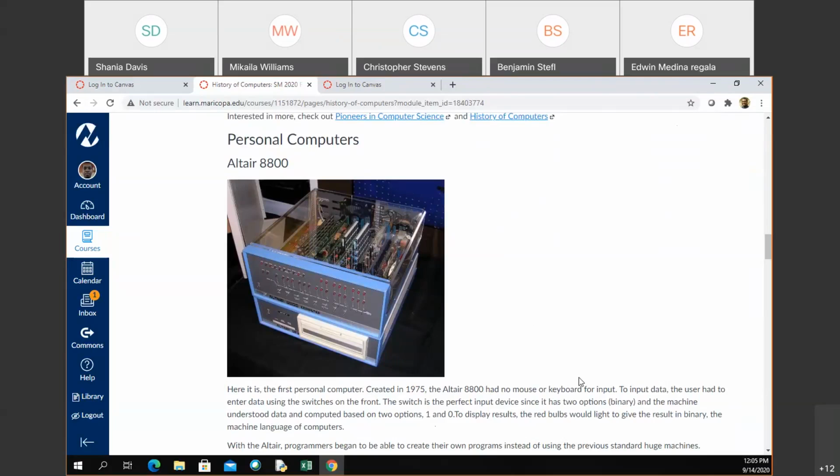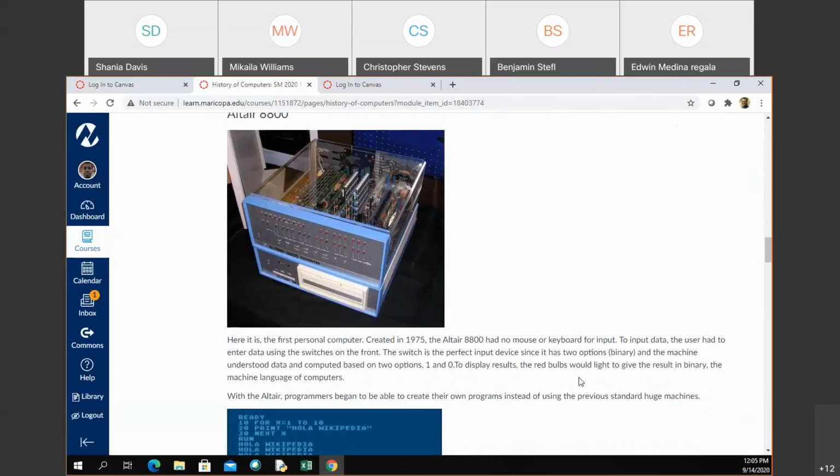And so the personal computer here was the first time you could do something at home on your own, and it cost a lot of money back then too. And because of it, they were able to create their own computer language, programming language.